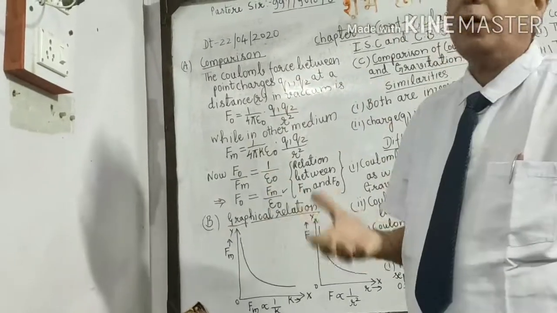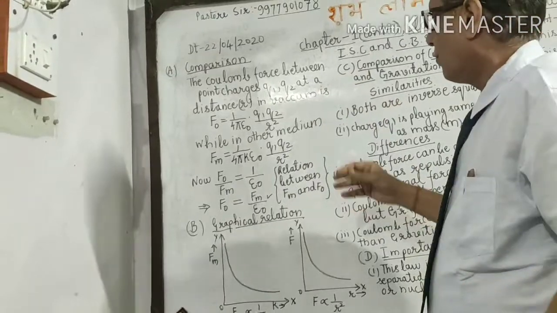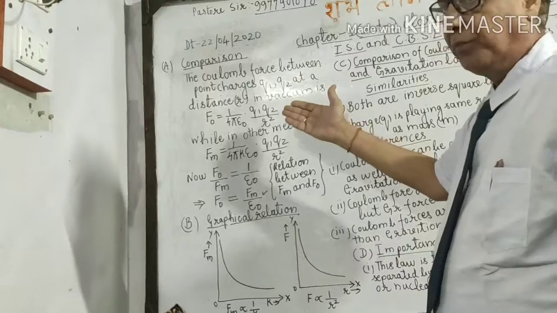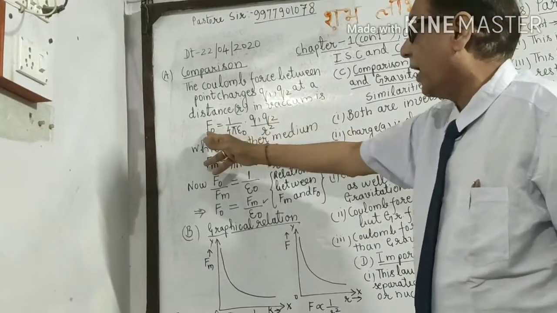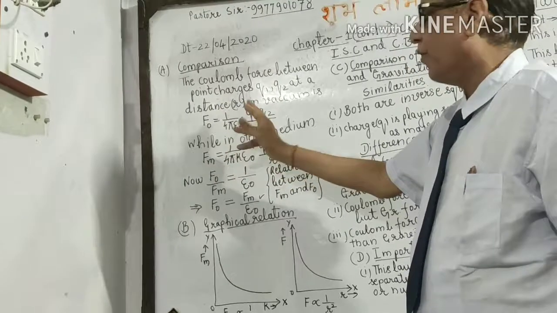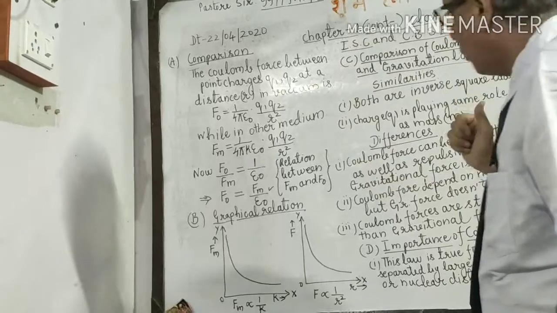See, previously I have told you the formula of Coulomb's law between point charges Q1 and Q2 placed at a distance of r in vacuum, and we have derived it. F0 means electrostatic force in vacuum, 1/4 pi epsilon naught, Q1 Q2 upon r square.